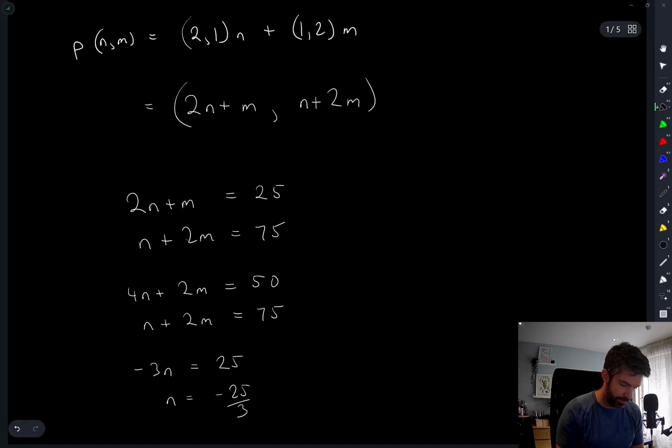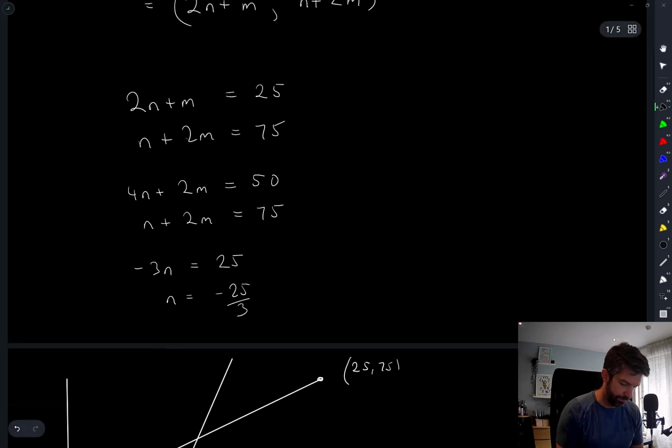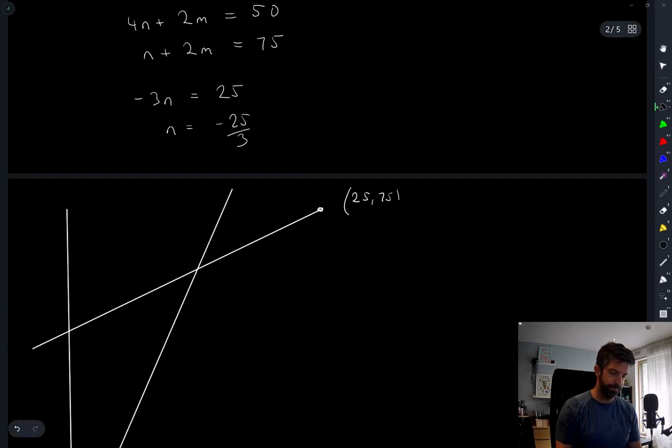Yeah, so I need 2n plus m to equal 25 and n plus 2m to equal 75. Multiply the top equation by 2, bottom equation minus the top equation. 25, negative 3. Yeah.